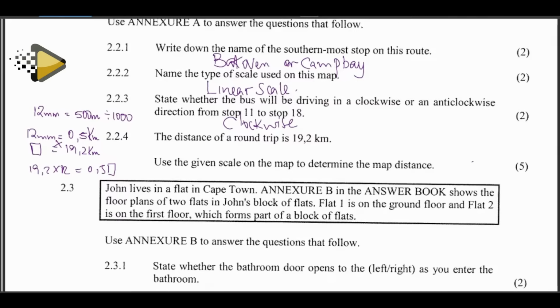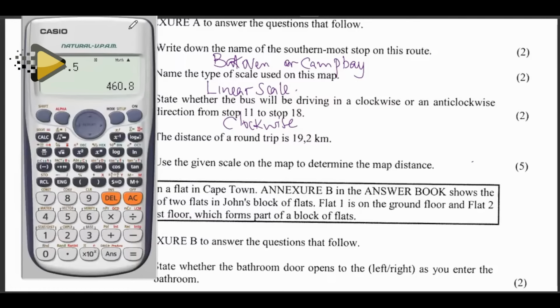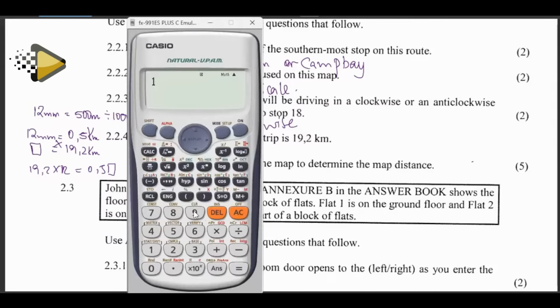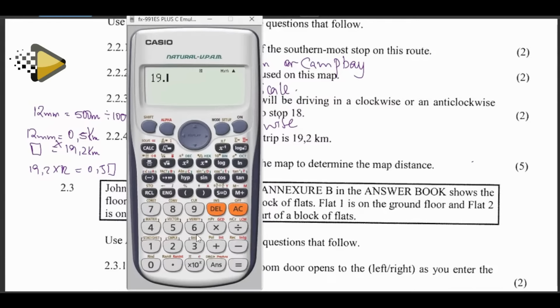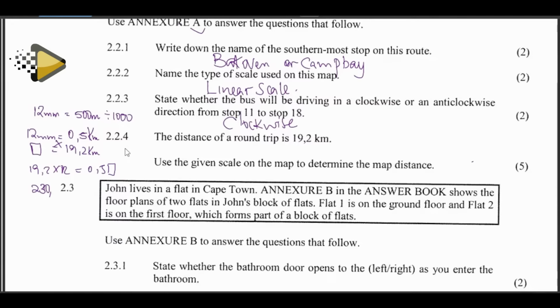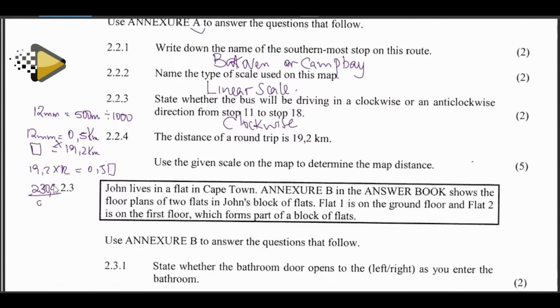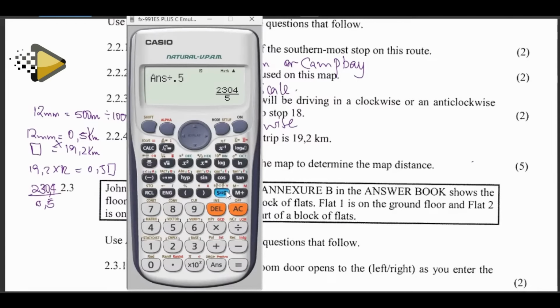So the answer is going to be 19,2 times 12, which is 230,4. Then I divide that by 0.5, and I end up having 460.